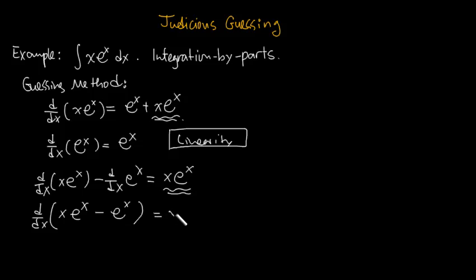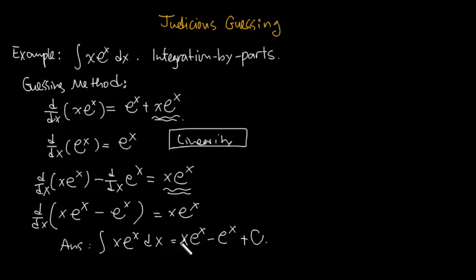So that's an antiderivative right there. The answer for the integral of x times e to the x dx is x times e to the x minus e to the x, plus c, the constant. All the functions whose derivative is x times e to the x are this function plus a c.